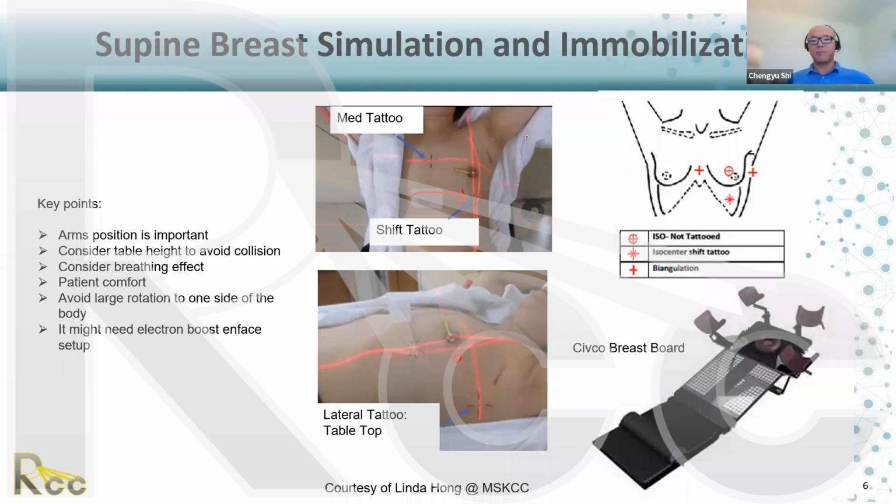Based on my experience, the boost is a challenge because the cone is there, and usually you cannot see very well. The cone will block it. So we have tried, and for certain patients you can still do it, but most of the time it's maybe not good for treatment with boost.